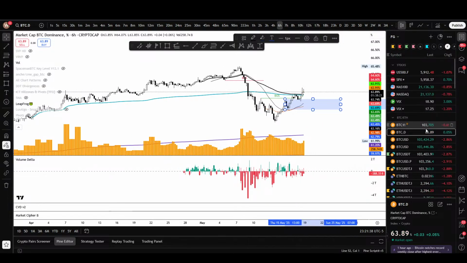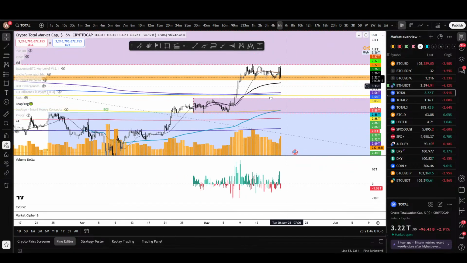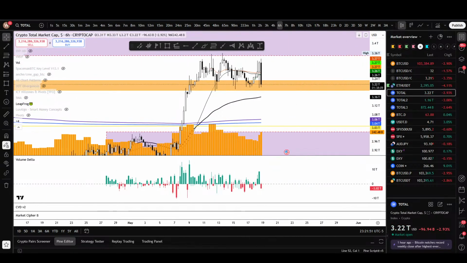Yeah, we'd want to see total break higher. Yeah, I still think we're just ranging. And we'd want to see these lows hold on total on the 6 hour. So I would set an alert here.